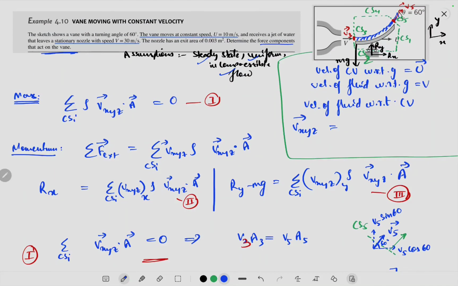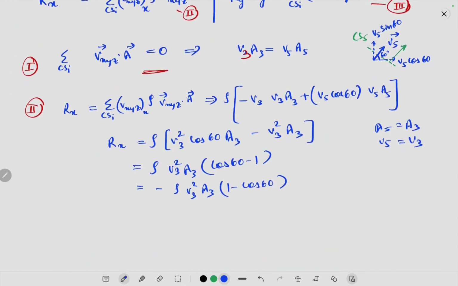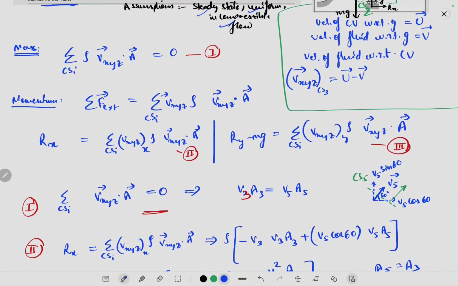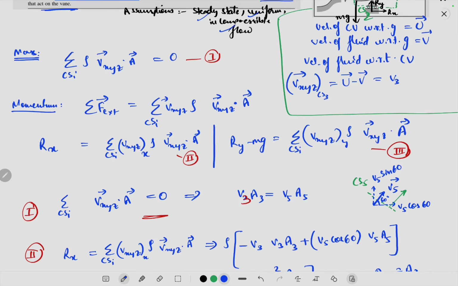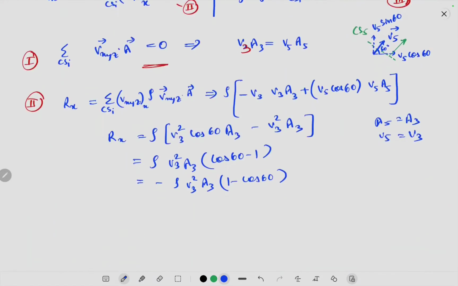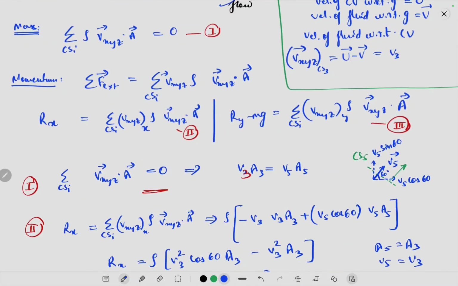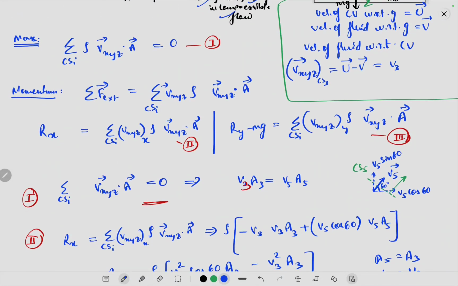In that case, let's assume this is V vector, and thus Vxyz would become U minus V vector, but this is Vxyz for CS3. So now we know V3, I can write this V3 as U minus V.